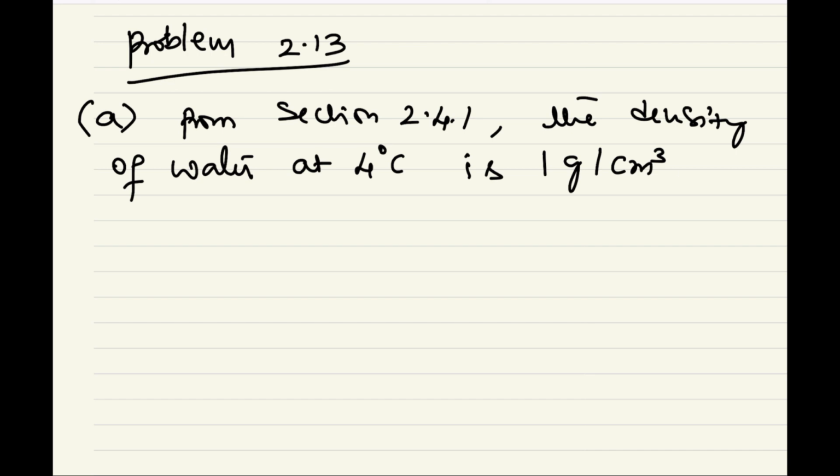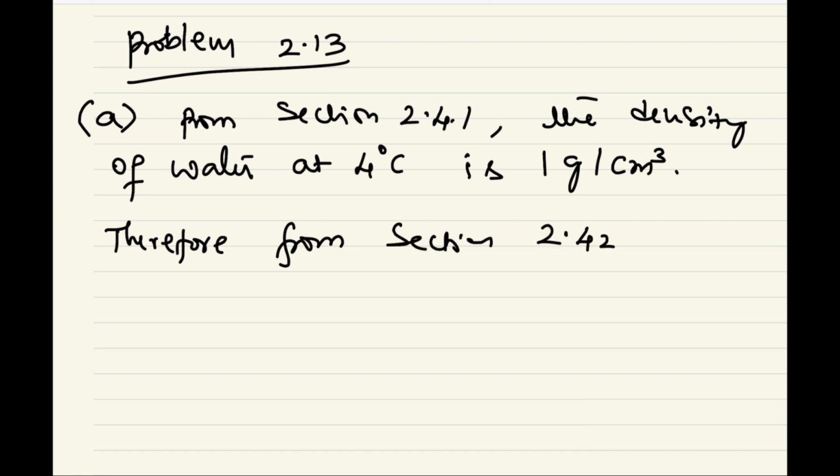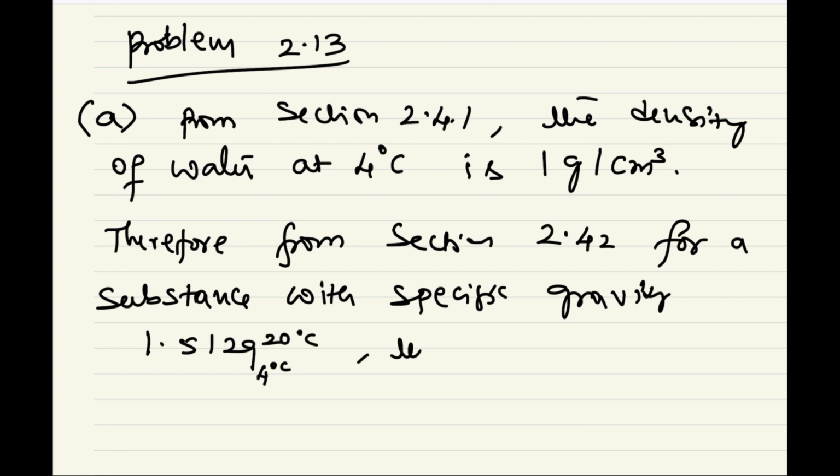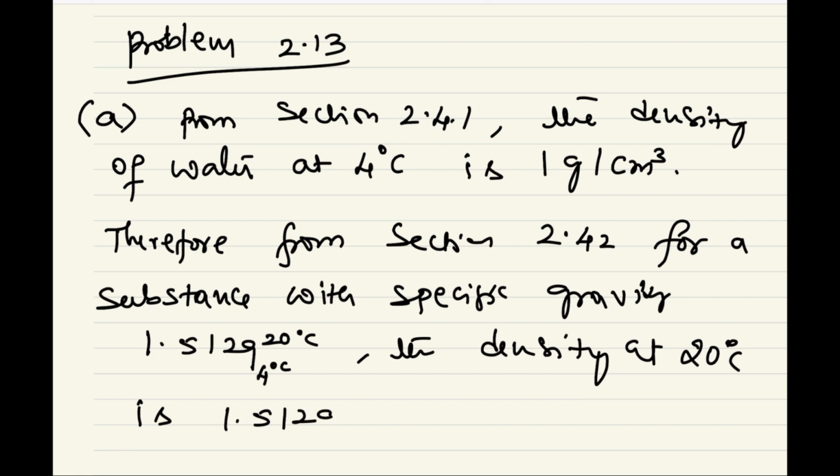So therefore, from section 2.4.2, for a substance with specific gravity 1.5129, that is 4 degrees centigrade and 20 degrees centigrade, okay, the density at 20 degrees centigrade is 1.5129 gram per centimeter cube.